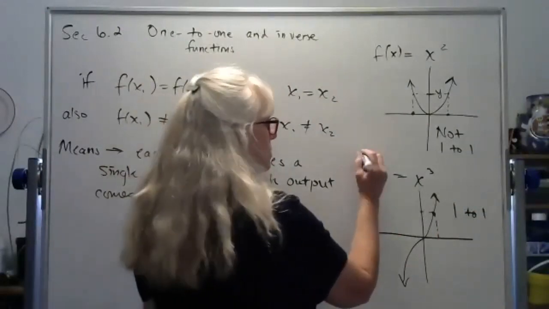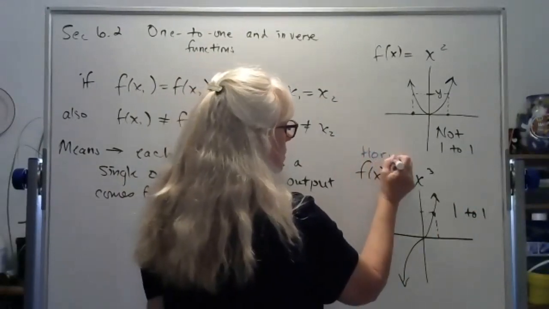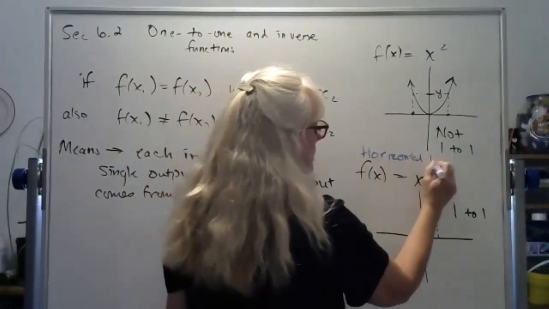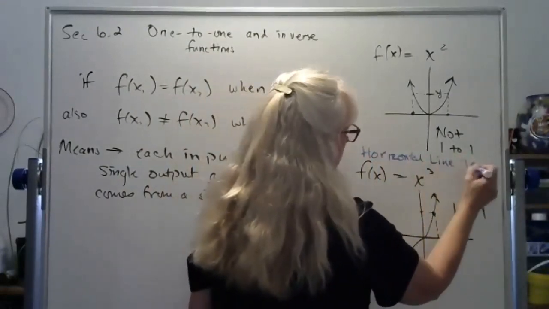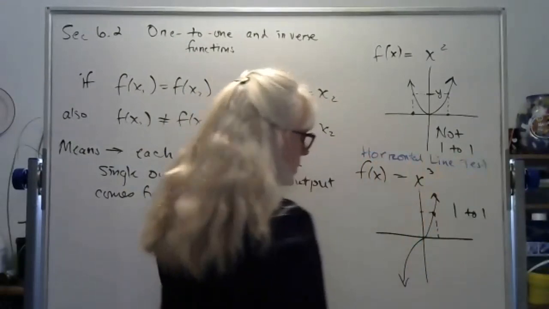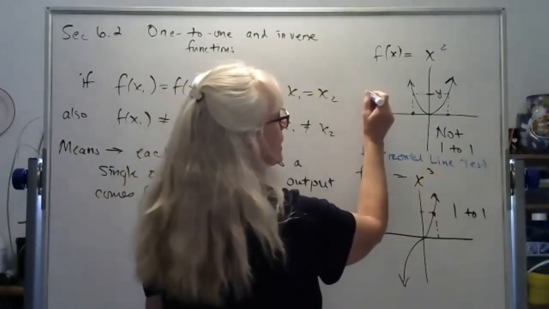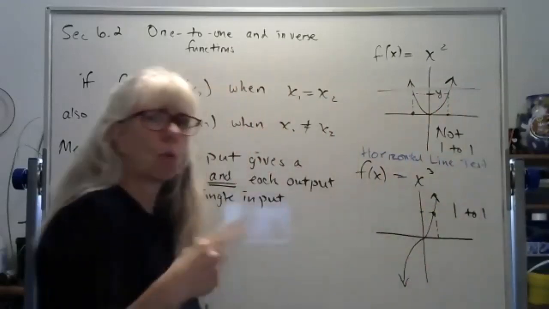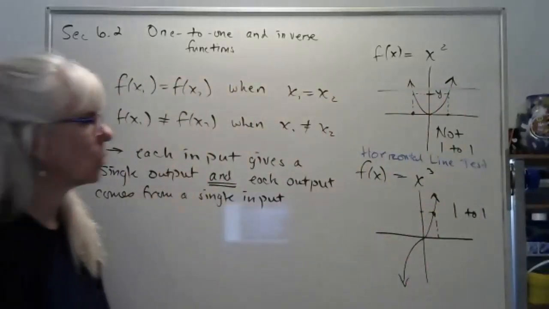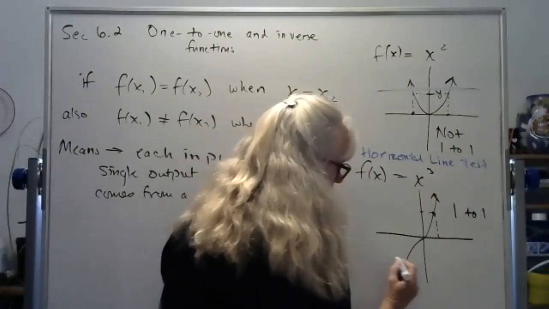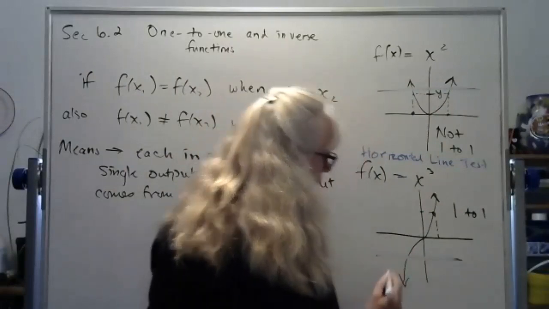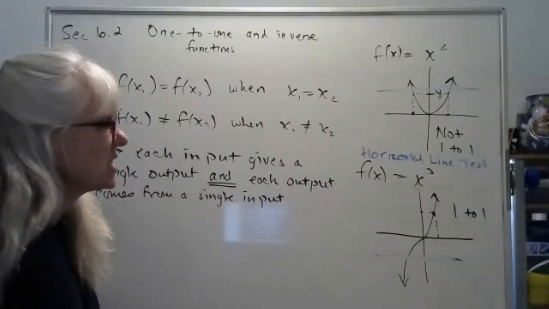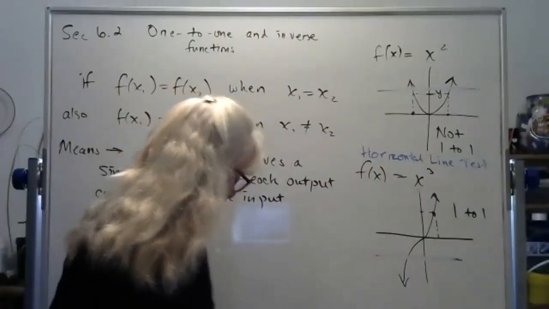So we're going to talk about this in terms of a horizontal line test. So in other words, if you can pass a horizontal line along its length and it intersects more than once anywhere, it's not one-to-one. If you can pass it along its length and it only intersects one time, then it is one-to-one. So that gives us a clear test for a one-to-one function.